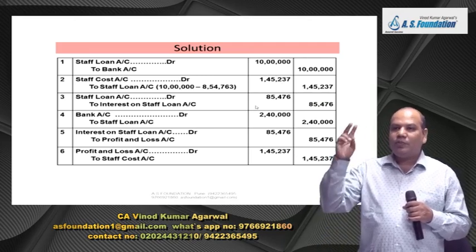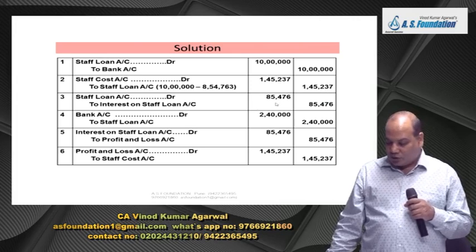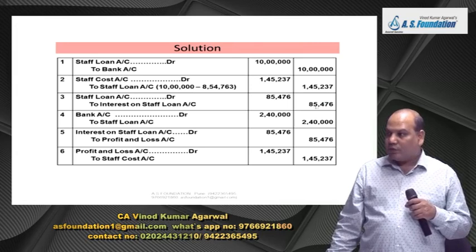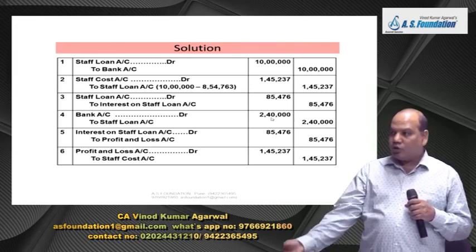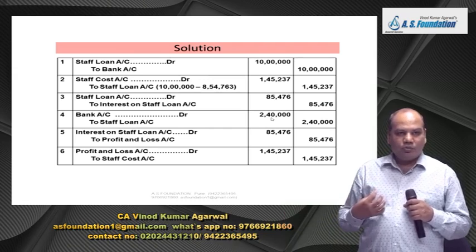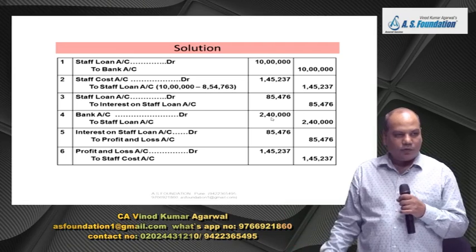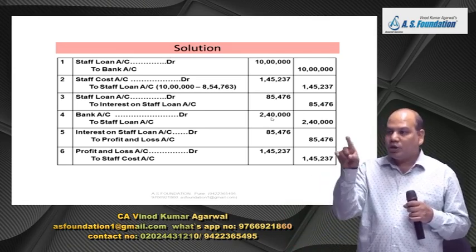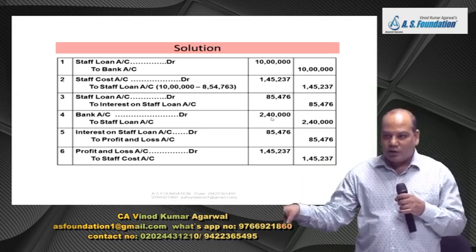Interest income earned will be based on effective interest. Staff loan account debit 85,476 to interest on staff loan 85,476. And then you receive the cash flow. Cash flow entry: bank account debit to staff loan 2,40,000. So exactly what you are doing in that amortization schedule is happening here in the form of journal entries.